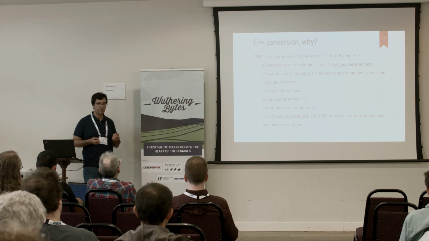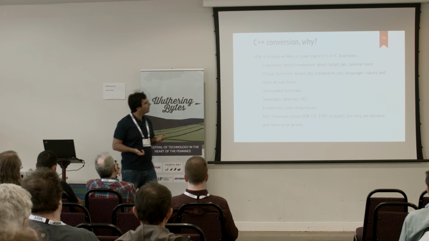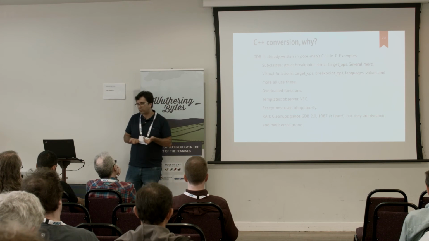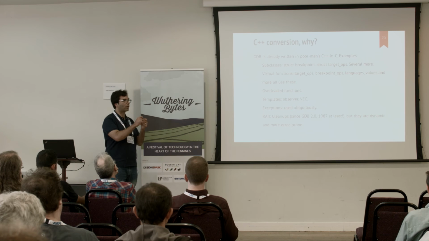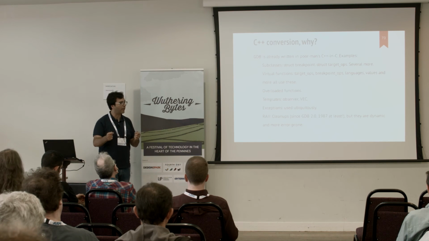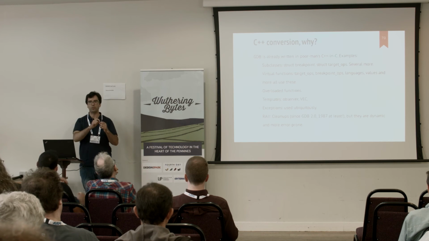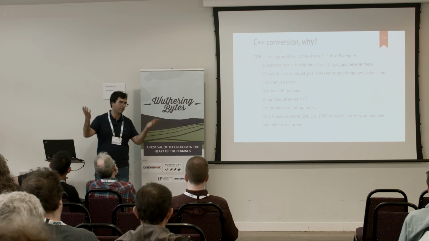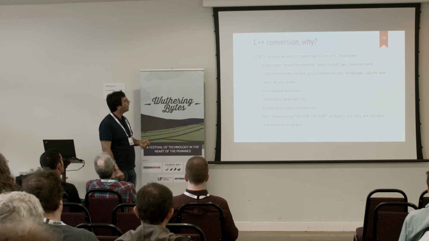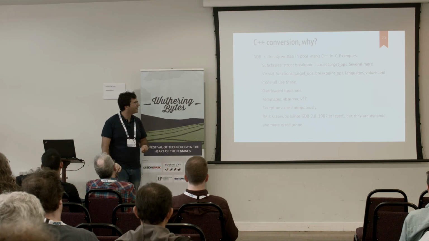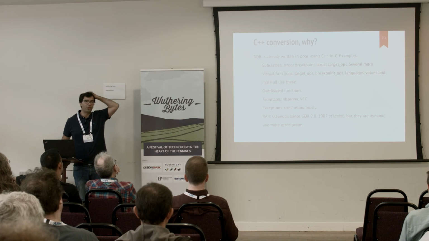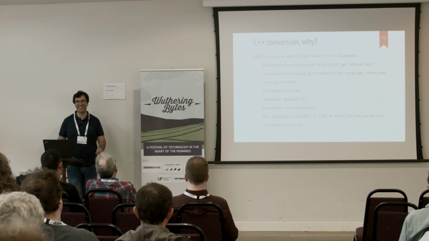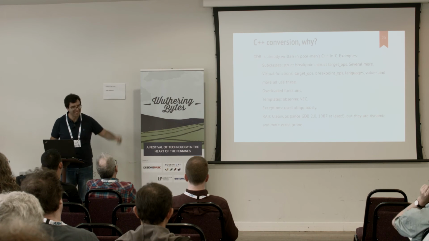We do RAII, but instead of using destructors, we use something very similar to attribute cleanup in GCC, but we do it manually. We call a function called make_cleanup, and then at the end of the scope, we need to remember to do cleanups, and if you forget, then you leak. We use templates. We use VEC that originally came from GCC, thanks to Nathan. It still has a legacy there.